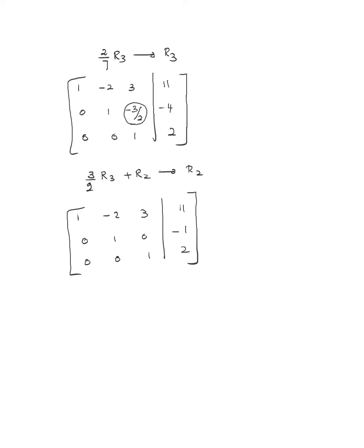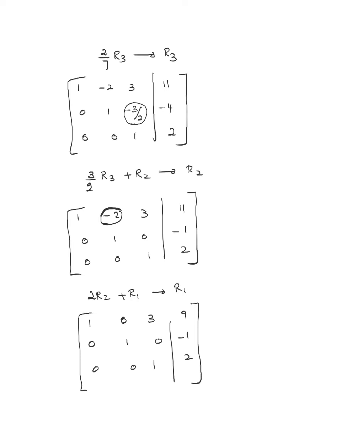And then we can make this one 0 by doing 2R2 plus R1 goes to R1. So it's going to be 1, then -2 plus 2 is 0, then 3, and then the last entry is going to be 9.